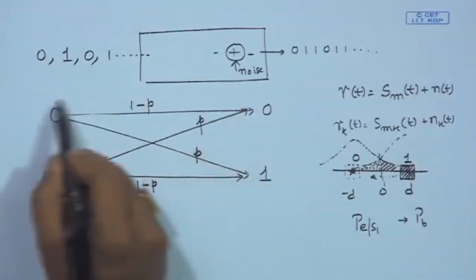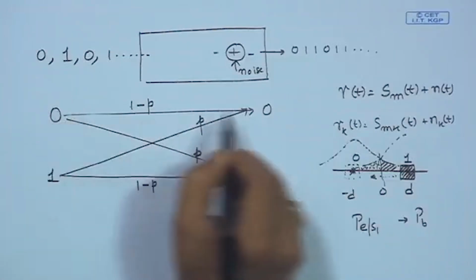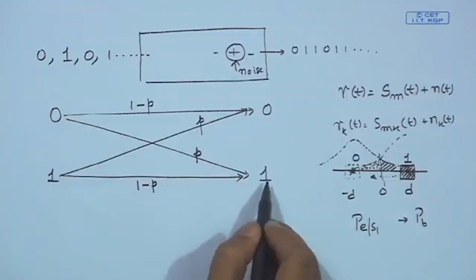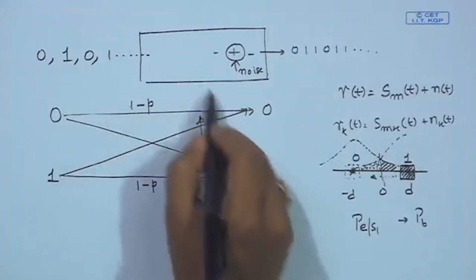Now we have the situation which maps a 0 to 0 and 0 to 1, and a 1 to 0 and a 1 to 1. These provide the transition probability values.